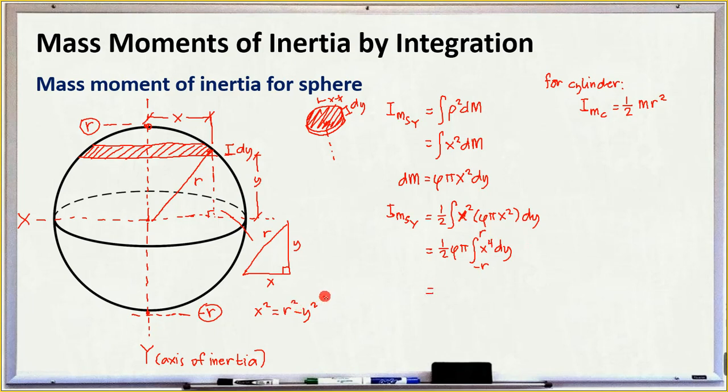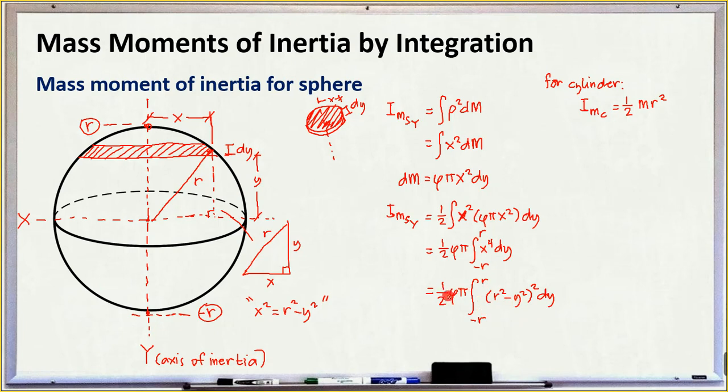Again, using this relation, we have 1/2 density pi integral from negative r to r of r squared minus y squared, squared, dy. We can simplify this integral equation further.